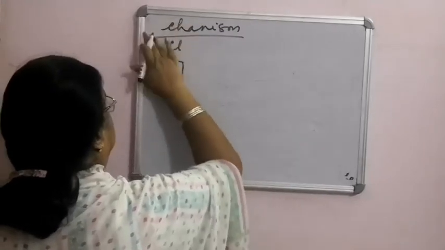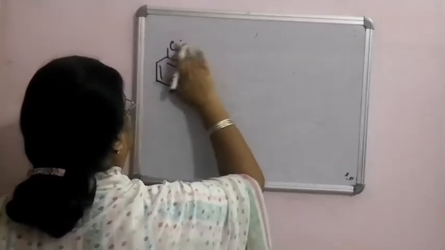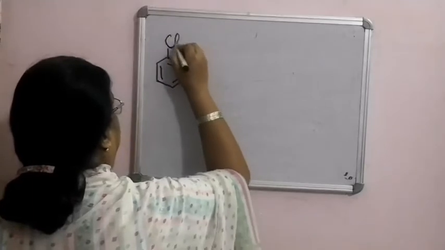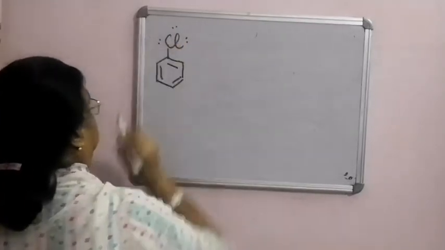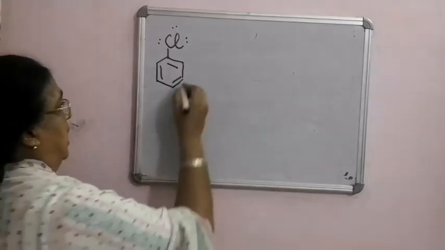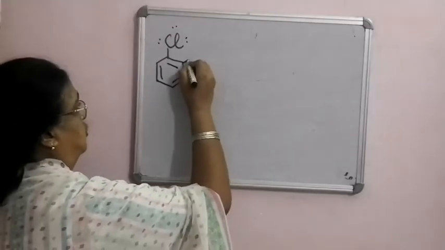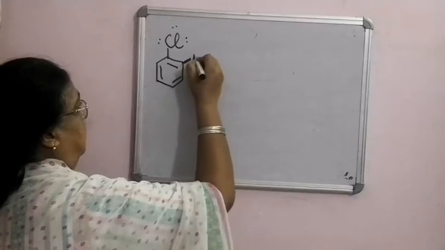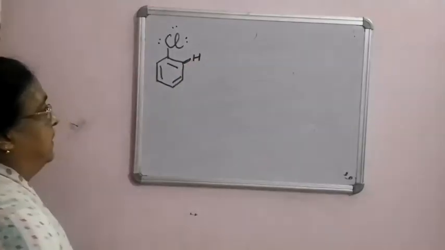I have drawn this so that I can easily show you the bonds and the lone pairs. In chlorobenzene, the chloro group has 3 lone pairs. I have to show the substitution. So here I will put 1 H.